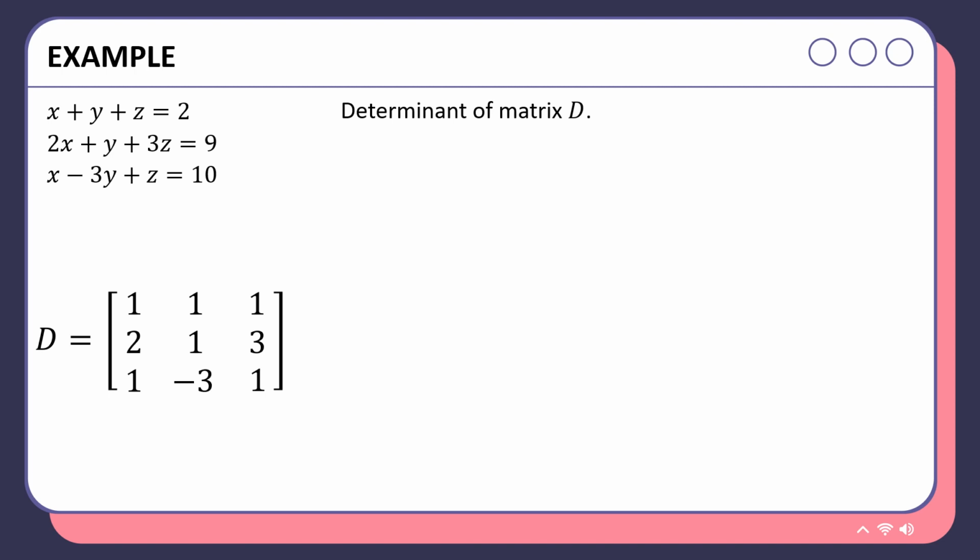We now solve the determinant of matrix D. So D is equal to, we have to cover 2 and 1 and 1 and 1. We have 1 times 1 times 1 is equal to 1 minus 3 times -3 is equal to -9.